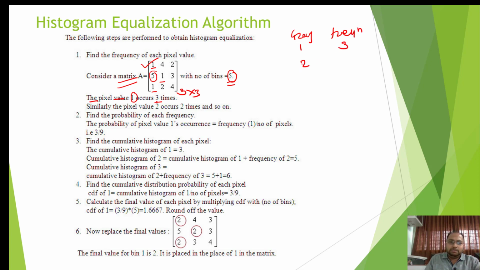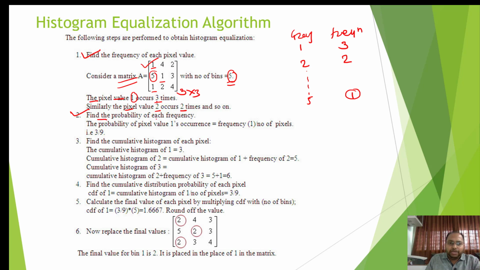What about 2? Similarly, the gray level intensity 2 has been repeated 2 times, and so on up to 5. Are you getting it? 5 has only repeated 1 time. We have studied this already.